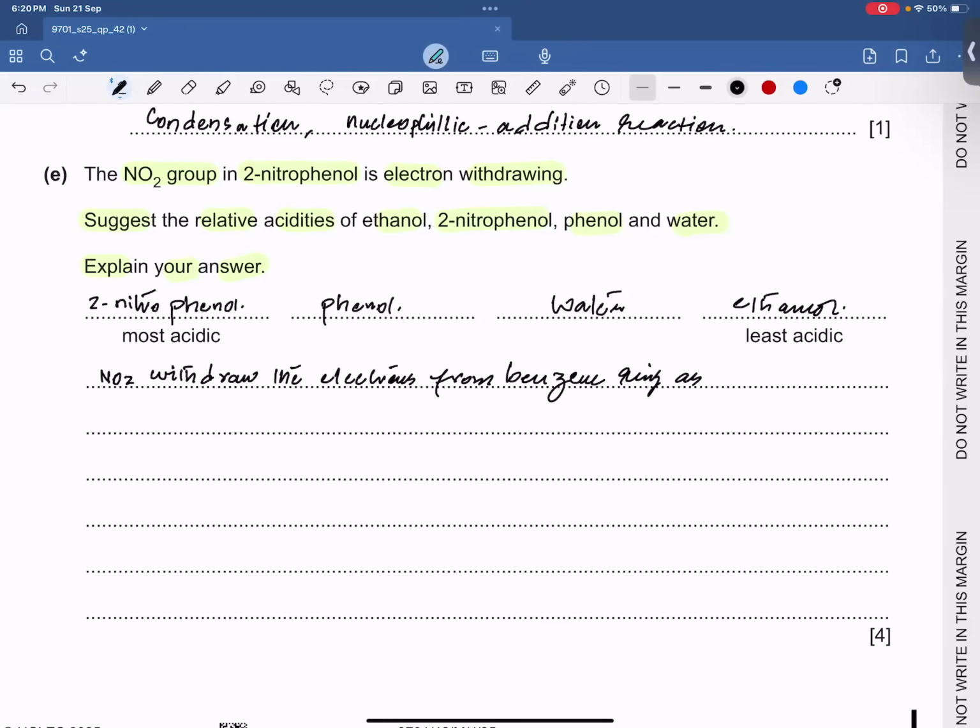As a result, ionization of hydrogen becomes easier, due to the strong electron pulling effect.